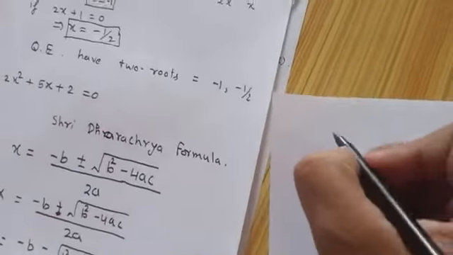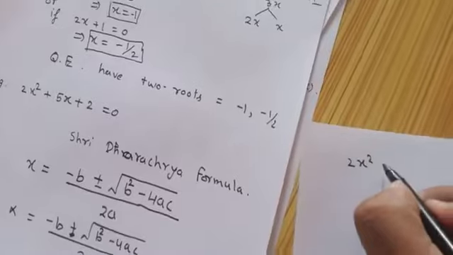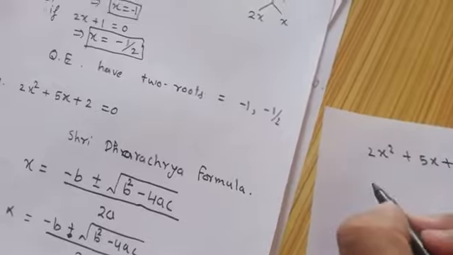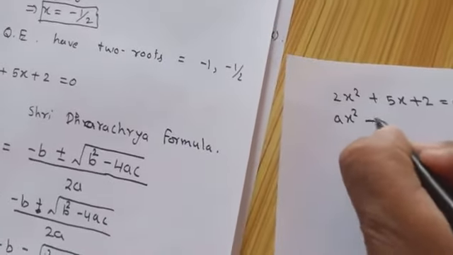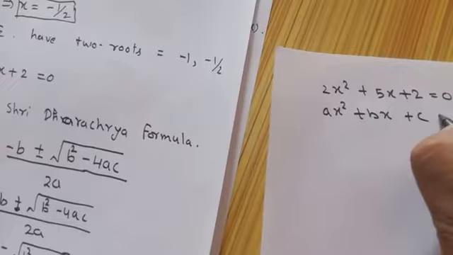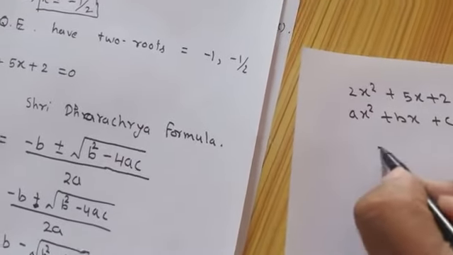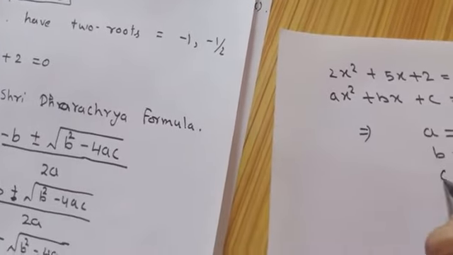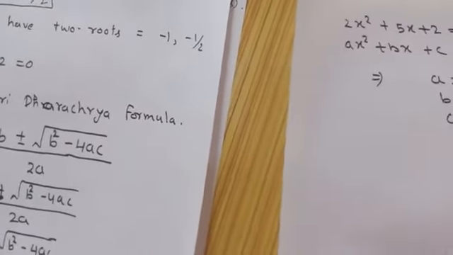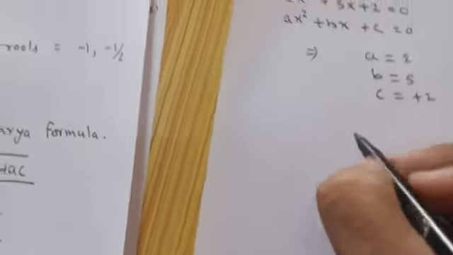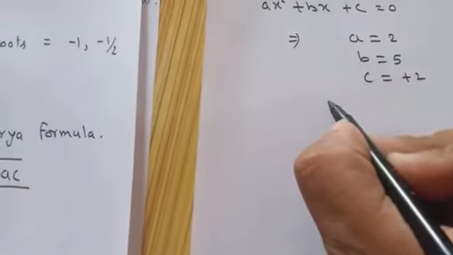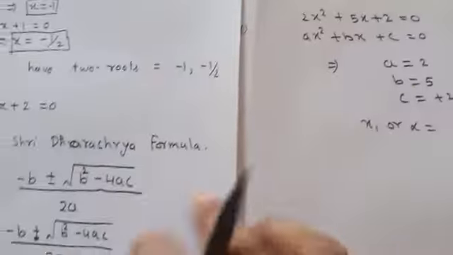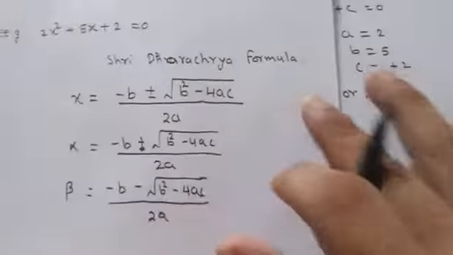On this new page we can simply write again 2x square plus 5x plus 2 is equal to 0 and compare with ax square plus bx plus c. So we get a is equal to 2, b is equal to 5 and c is equal to plus 2. We put these in the Sridharacharya formula for the first root, called x1 or alpha, whatever you say.